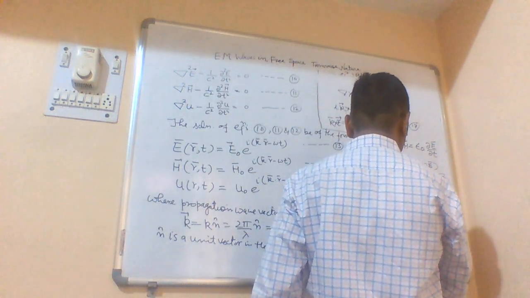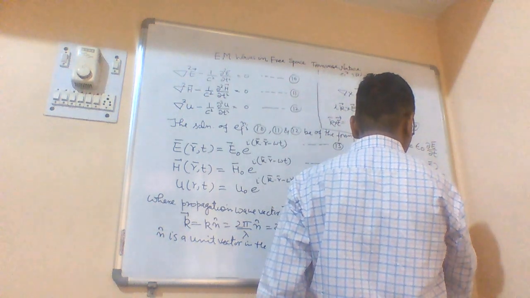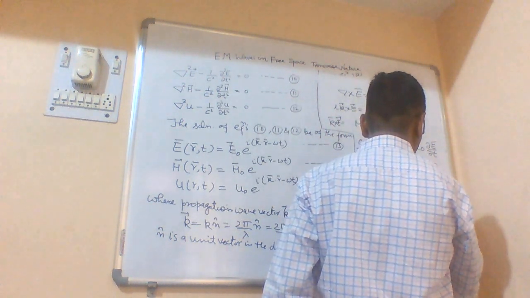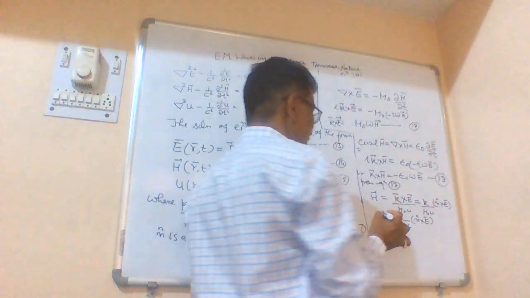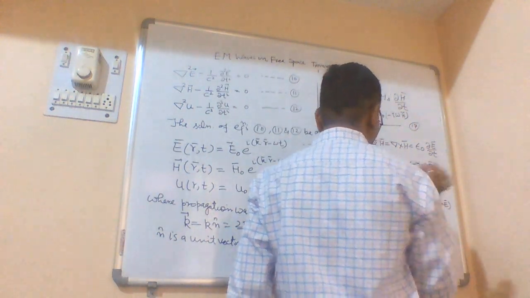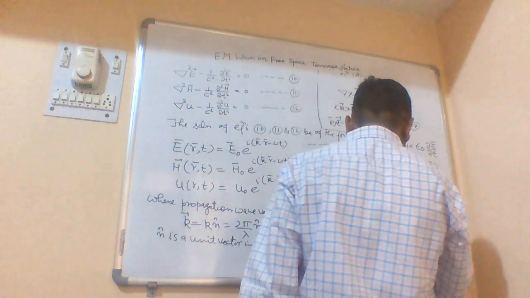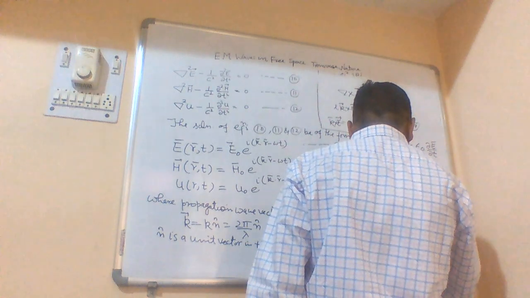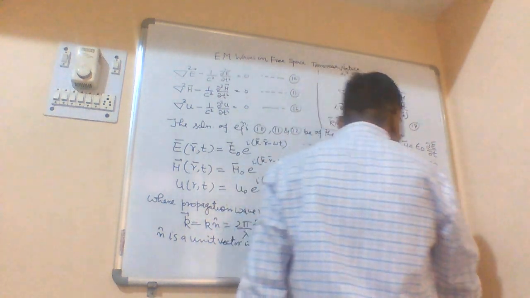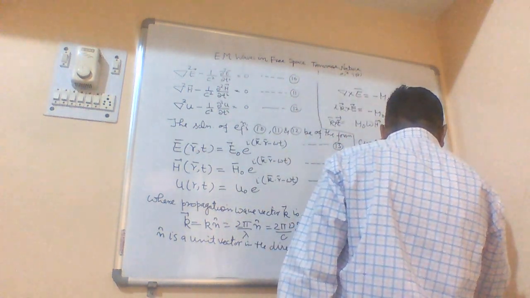So 1 upon mu naught c, n cross E. This is the value of H. So from here we can write mod E by H is equal to mu naught c.